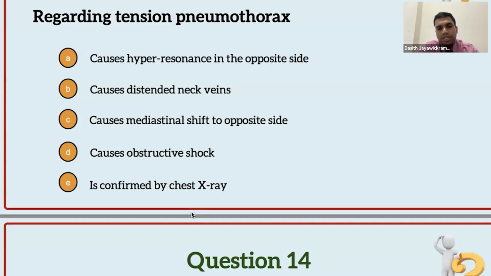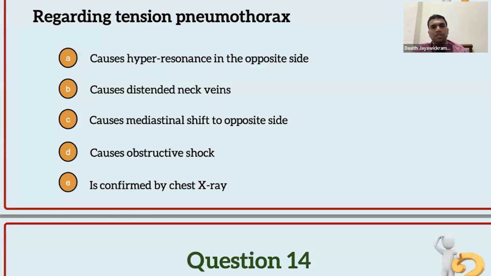It is confirmed by chest X-ray. That is wrong. You don't do a chest X-ray to confirm tension. It's a clinical diagnosis. If you have the clinical suspicion, you act there and put in an ICT. So it's false, true, true, true, false.